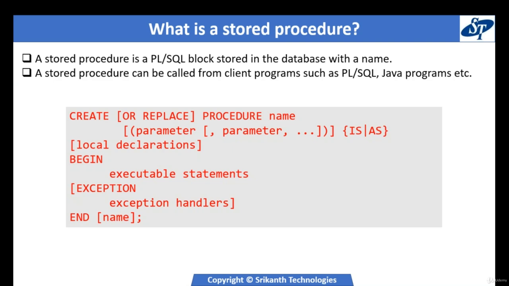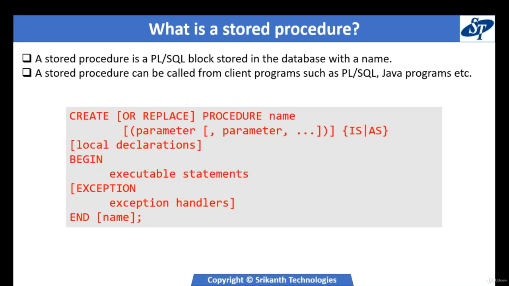And if you use or replace, you're saying if the procedure is already present, replace the existing one with the new version. If the procedure is not there, it is created. So generally, it's a good practice to use or replace so that if the procedure is already there, you create the new version. If it is not there, a new procedure is created.